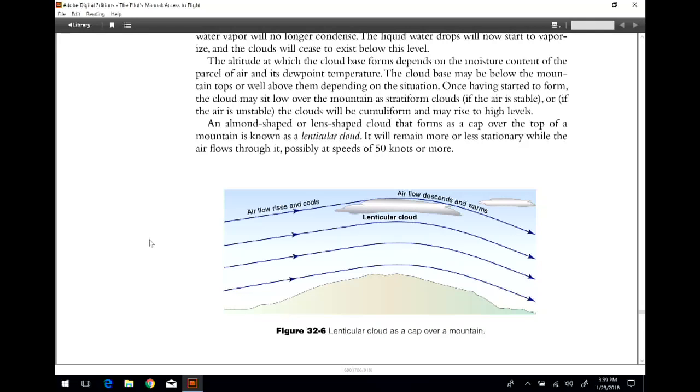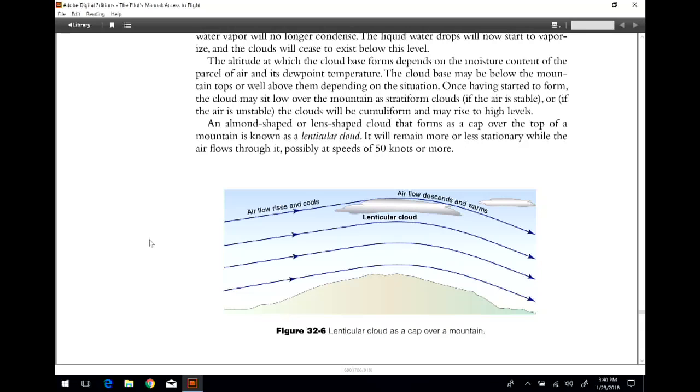You can see the bases of the cloud, and the tops of those clouds are kind of shaved, so they have a convex look, which is described as an almond-shaped cloud, or a convex lens-shaped cloud. Air moving rapidly over the top of those, and that cooling air from underneath, forms the base of those clouds. So you have to know there is fast-moving air that's making those clouds appear.